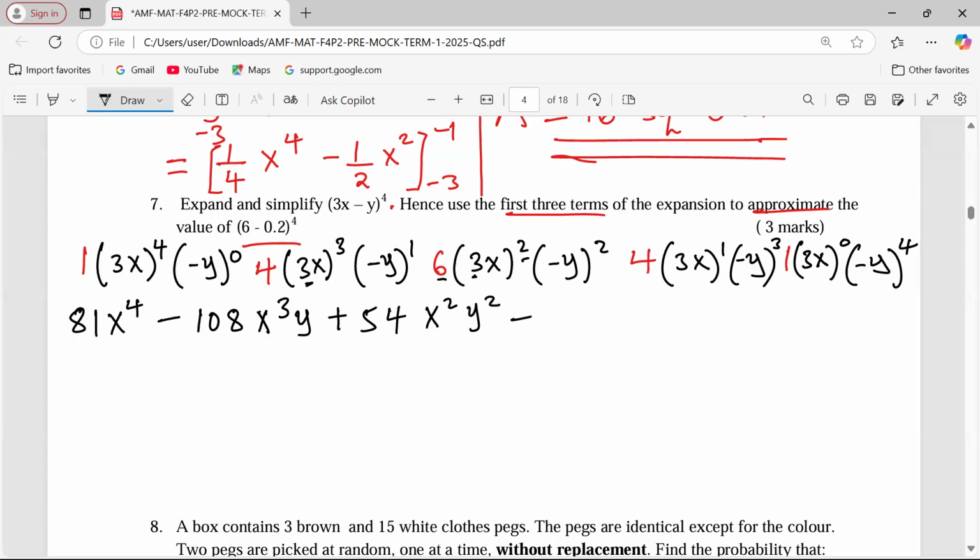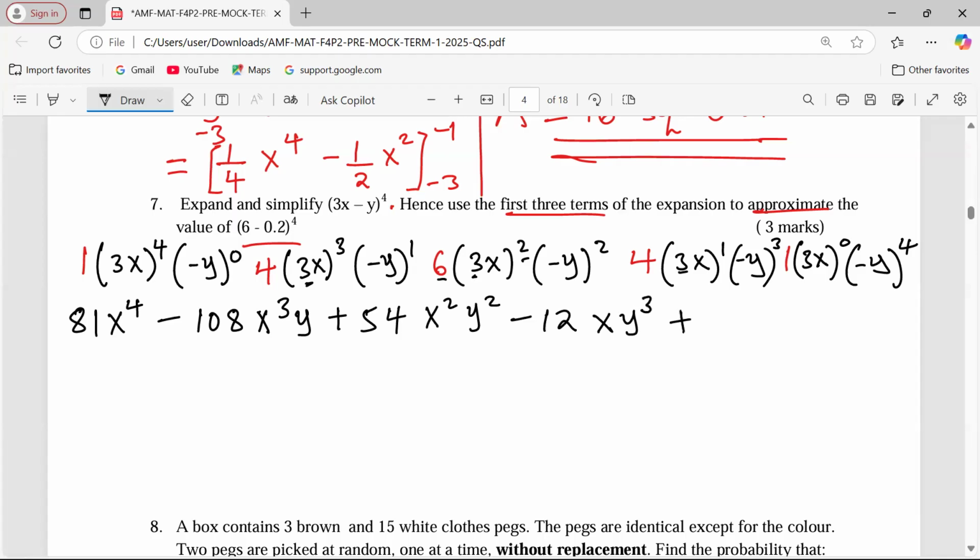The next one will start with a minus, because negative y power 3 keeps a negative: negative y times negative y, the negatives cancel, but when you include the third negative y, the negative comes back again. Then 3^1 is 3, and multiplied by 4 it becomes 12x y^3.